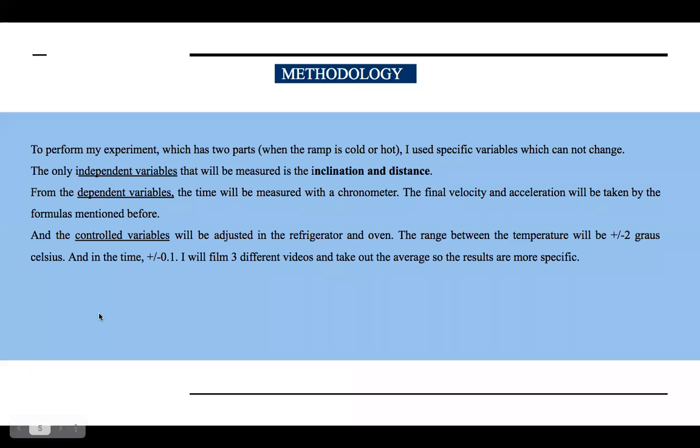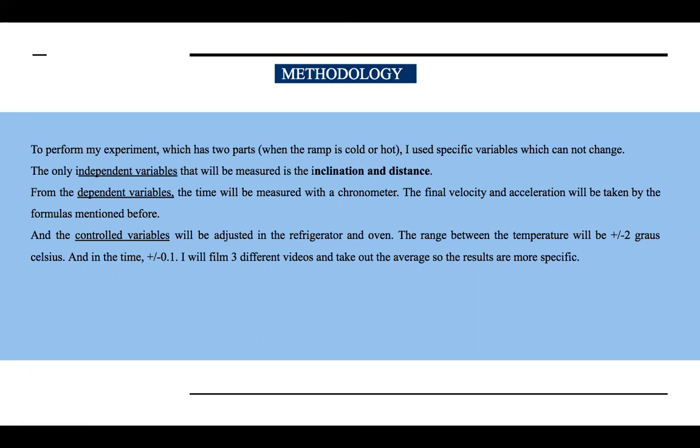To perform my experiments, which had two parts, first the cold and then the hot, I used specific variables which cannot change. The independent variables that I measured were the inclination and distance, which was with a ruler.